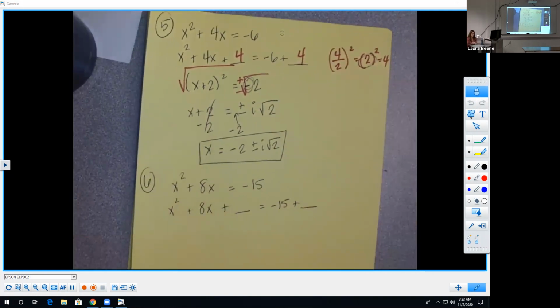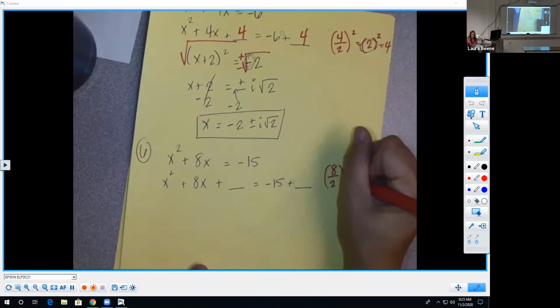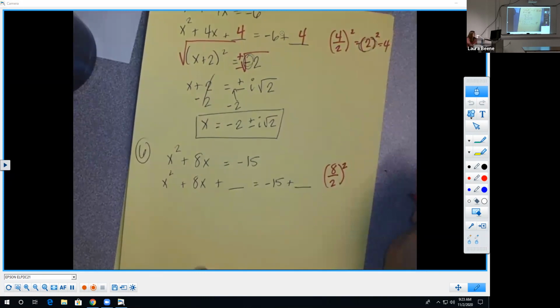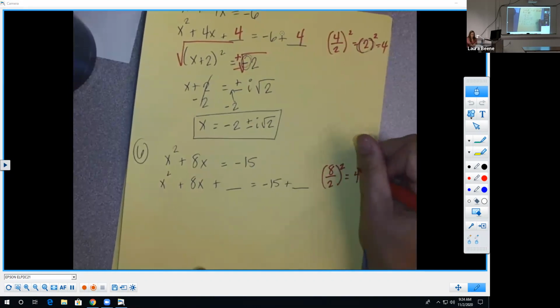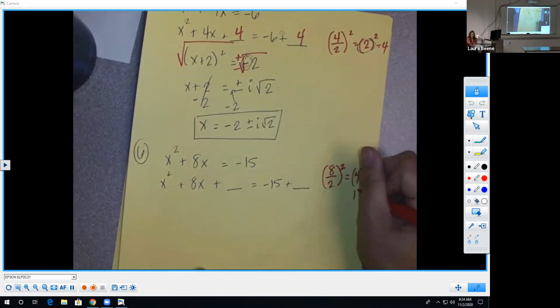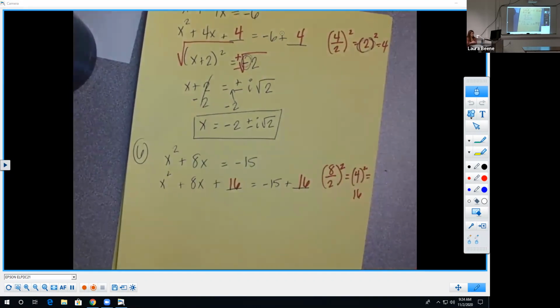We're going to do b divided by 2 squared. In this case, that'd be 8 divided by 2 squared, which would be 4 squared, and 4 squared is 16. So that's the number that goes in the blank on both sides.